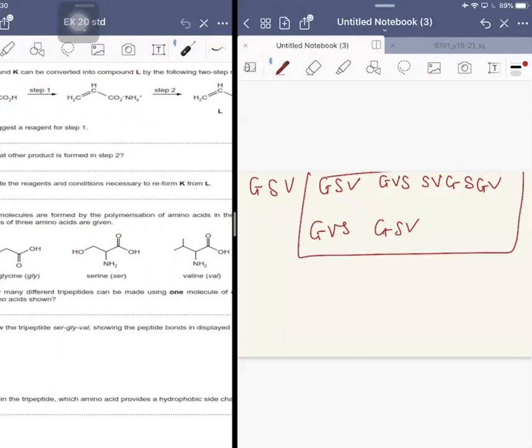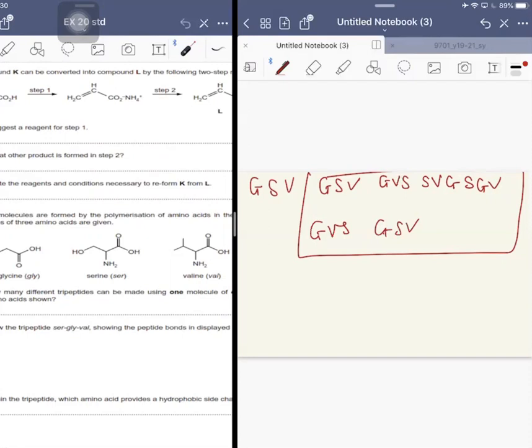Remember, per amino acid molecule, like for example G, it can form 2 bonds, on the amino side and on the carboxylic side. So you cannot really determine whether it is the carbon terminal of G to the nitrogen terminal of S, or the nitrogen terminal of G, and vice versa.